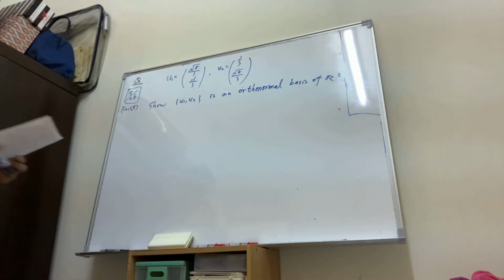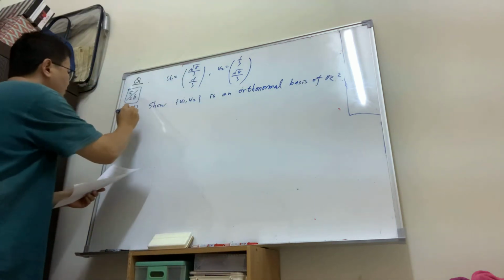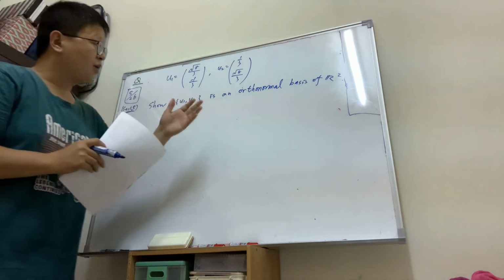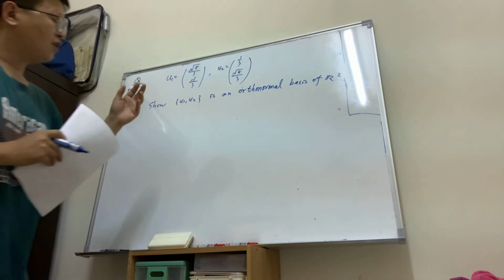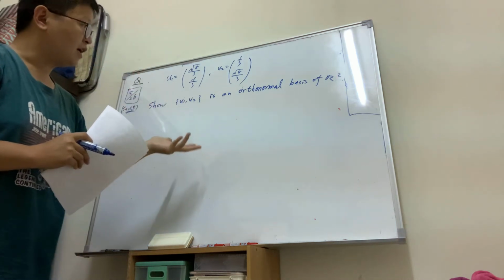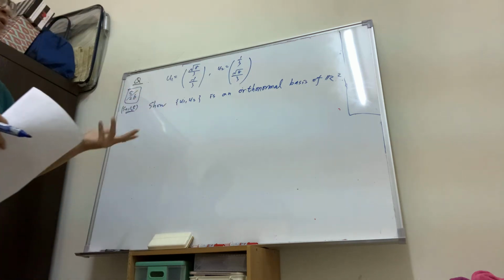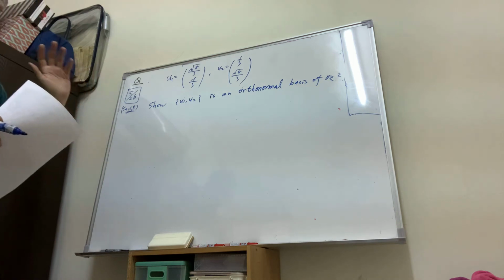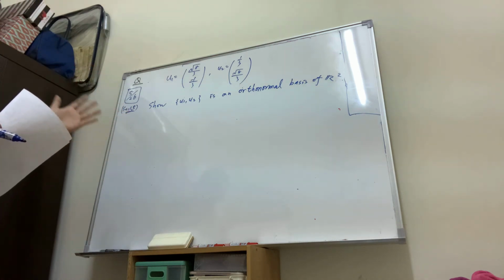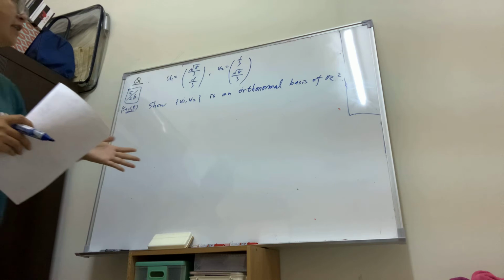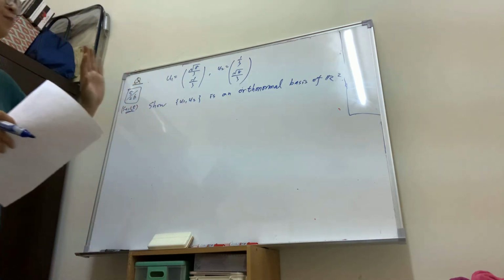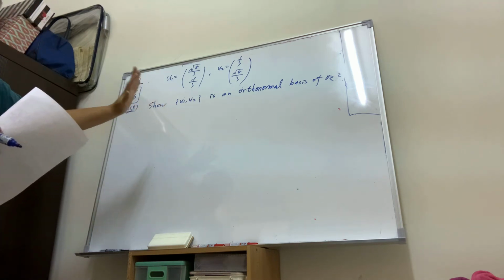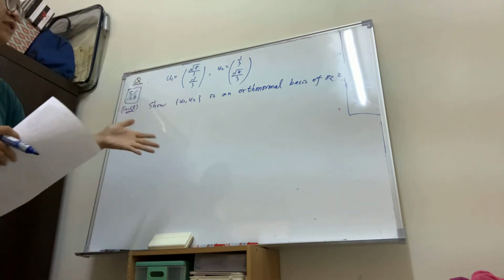In section 5.5, of course, what you want to know is what an orthogonal set, orthonormal set, and orthonormal basis are. Some definitions you should know, and how to check. And a special matrix, the orthogonal matrix, is related to orthonormal sets. So for this question you could solve it by definition or by orthogonal matrix.